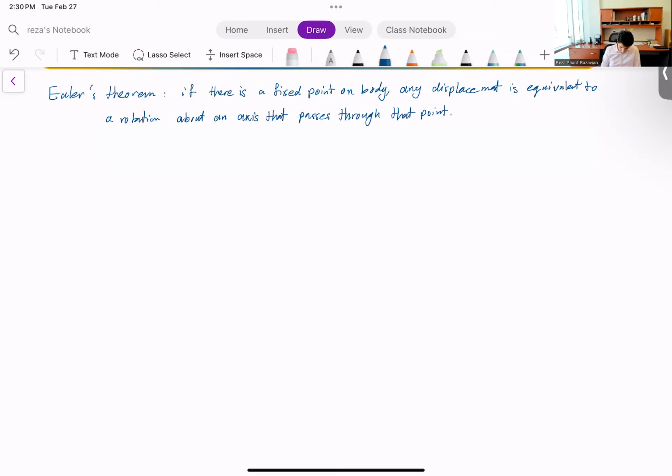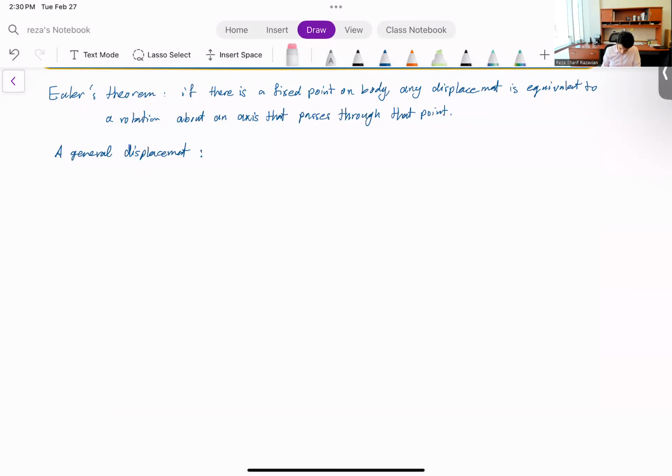In general, a general displacement can be thought of as displacement of some base point on the body that moves to another point, and a rotation about that new, kind of considered, fixed point.